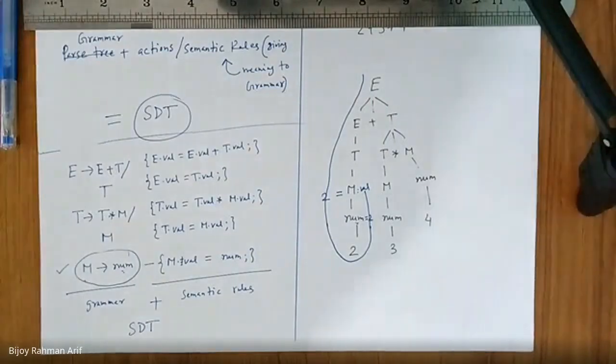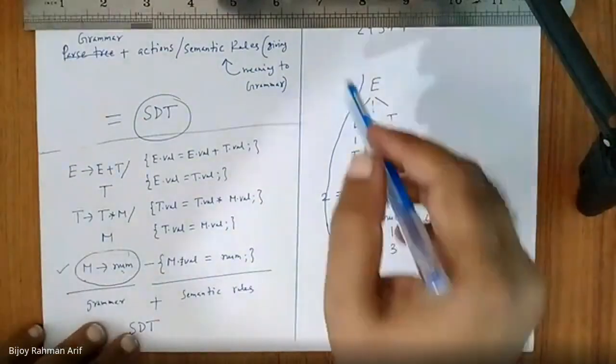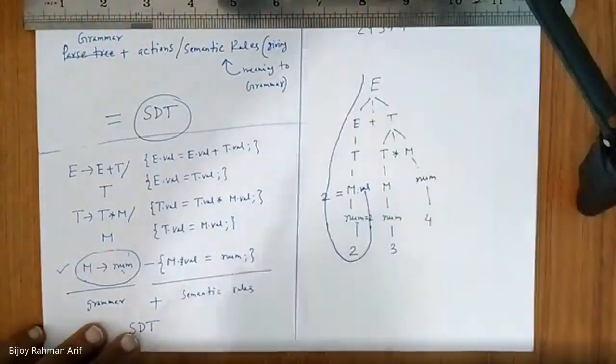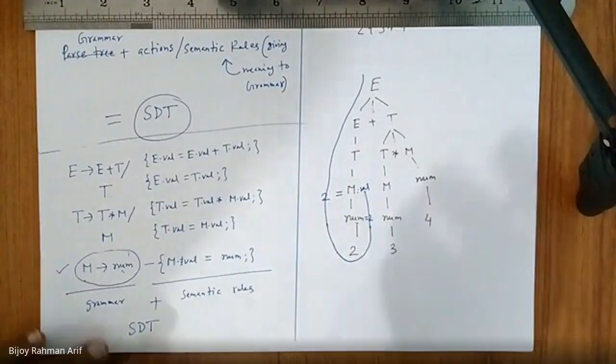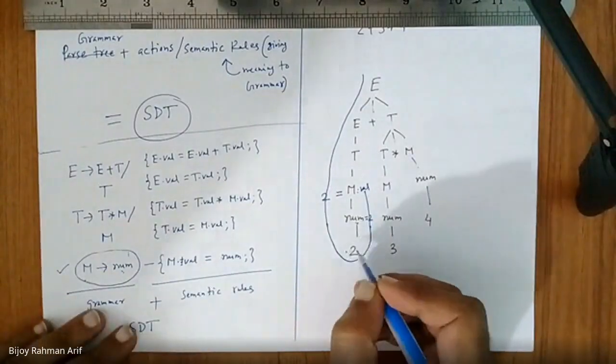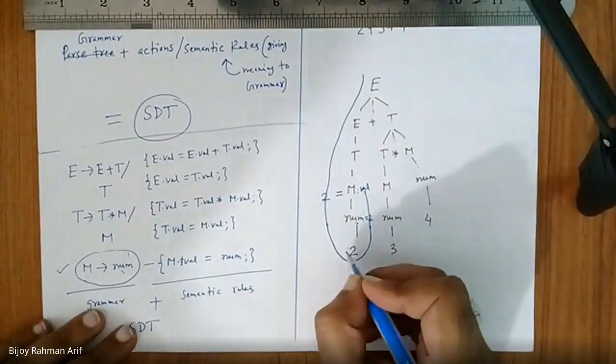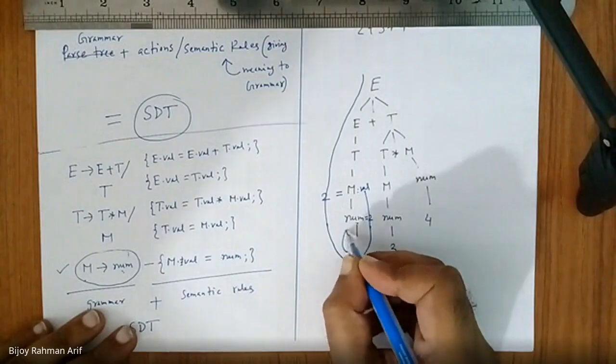So let's continue. Again, the same way we were traversing before, top to down, left to right. Initially we got 2. Then just above this 2 there is a num, so this 2 would be the value of this num.